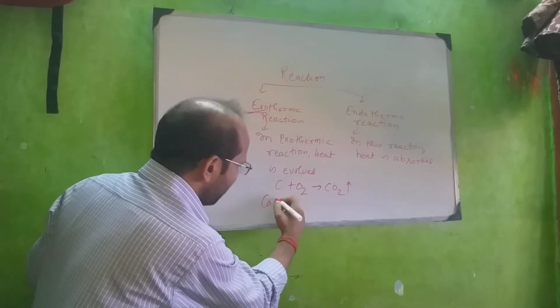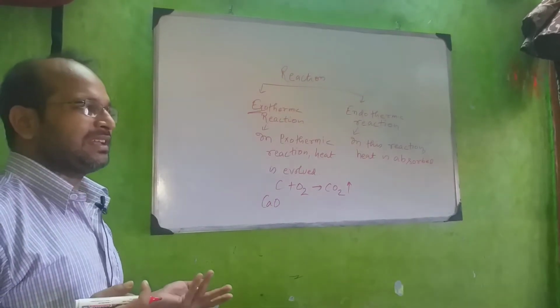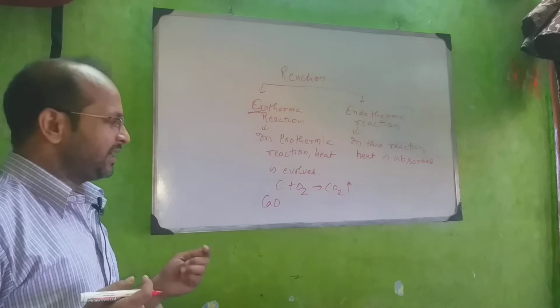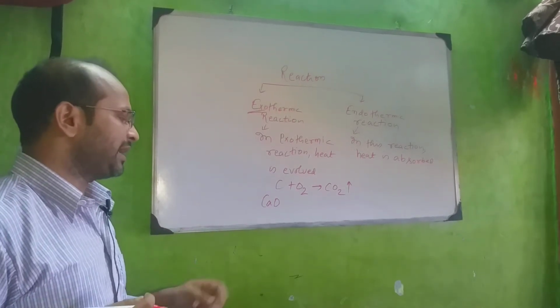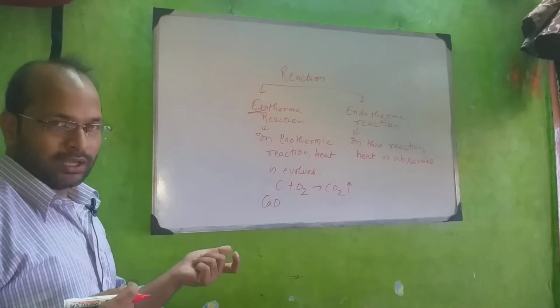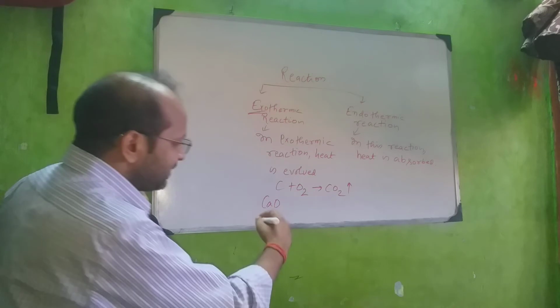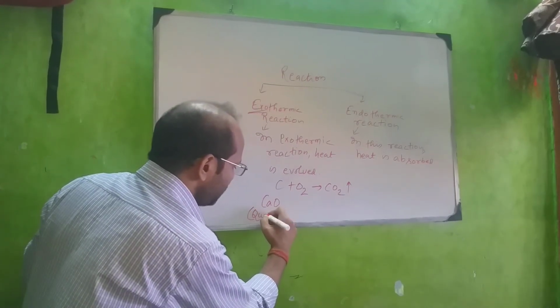And one more example. Suppose you know quicklime. We can get quicklime from shops which sell material like cement, paint. You can ask them, they can give you. Don't do it at home. You just try to understand that calcium oxide we can get from the shop. And this calcium oxide has another name which can be asked in chemistry.